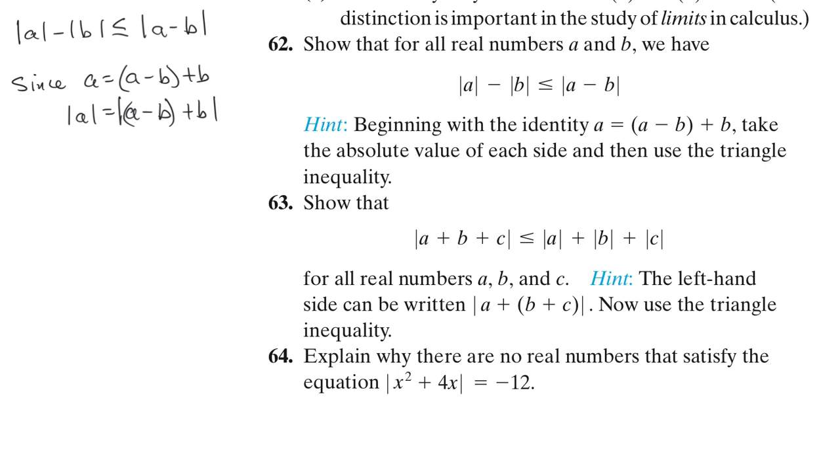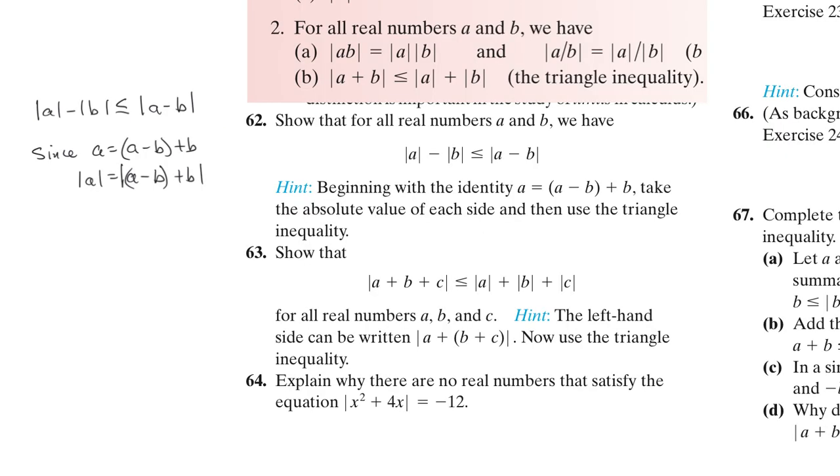But then we could use an earlier property that I'll pull up from earlier in the lecture. Okay, so I dug that up, and it's right up here. And I'm going to use this one right here. The absolute value of a plus b is less than or equal to the absolute value of a plus the absolute value of b. And I'm going to apply that to this.